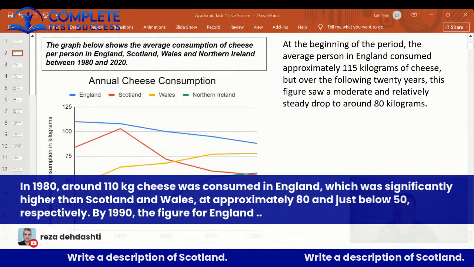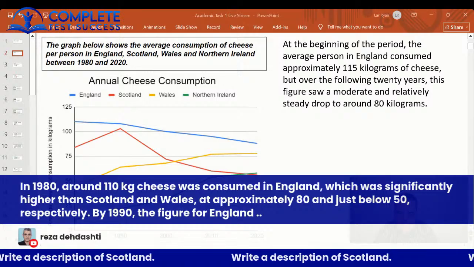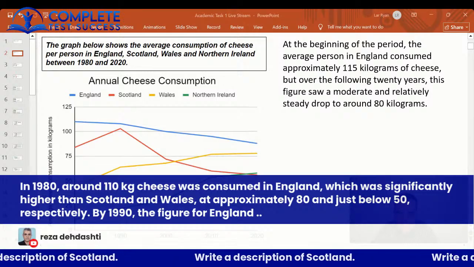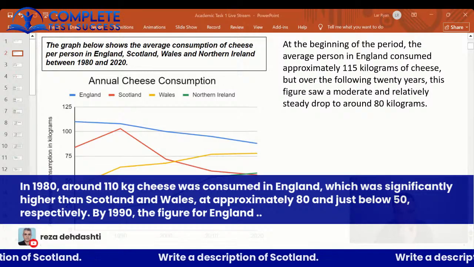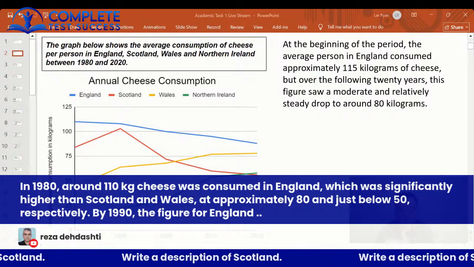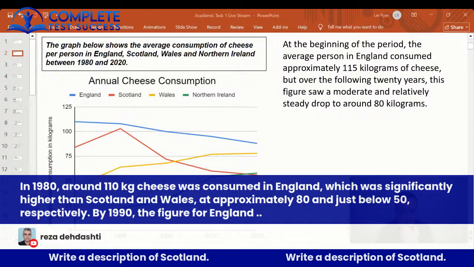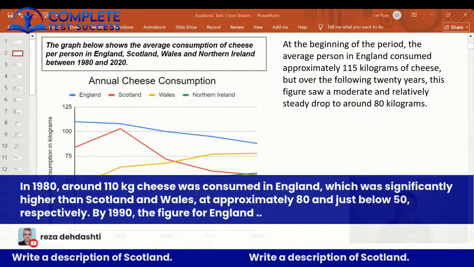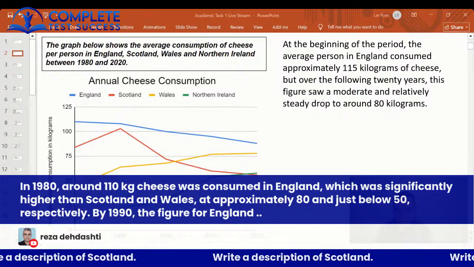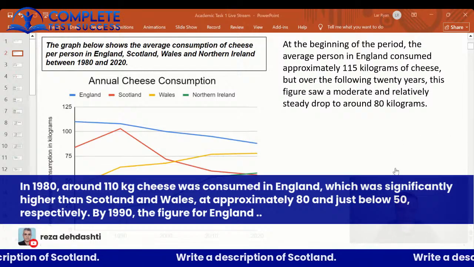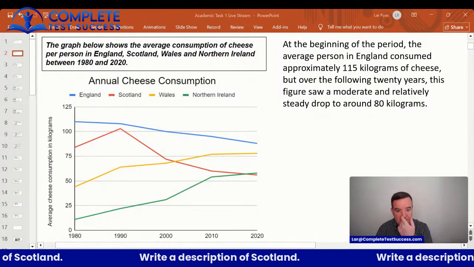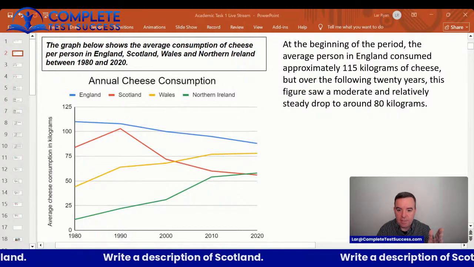So you would have to say which were at approximately 80 kg and just below 50 kg respectively. Now, we don't want to do that because you were talking about England and now you're giving me data for Scotland and Wales. So are we describing England or are we describing 1980? And the problem then is we don't need to mention the same years for every category.